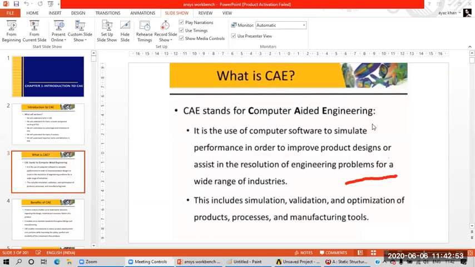Does any one of you have any idea or information related to CAE which is not mentioned here? Anything you want to share related to CAE? Today is the introduction part. I will talk about everything, like advantages and disadvantages. Sir, can cost optimization be done by CAE? Cost optimization.